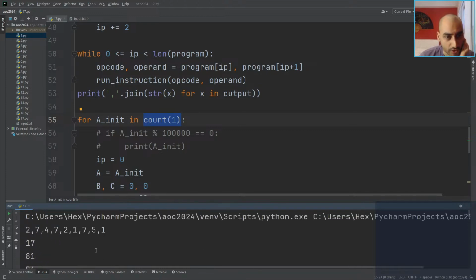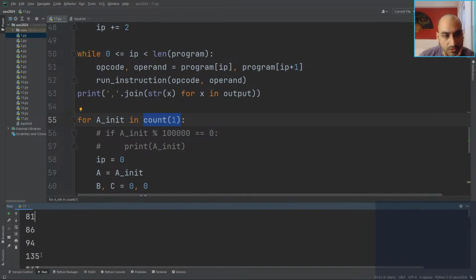Should we try printing that 17 to 81 and then... There's a big jump there.